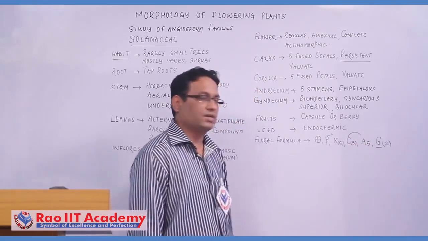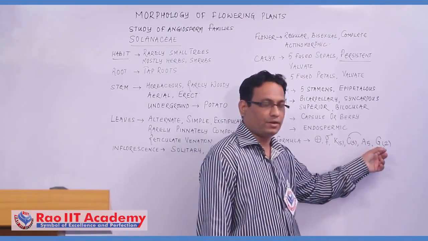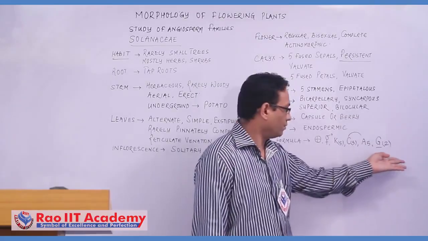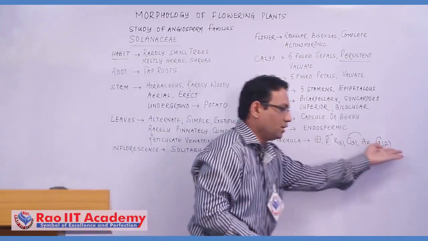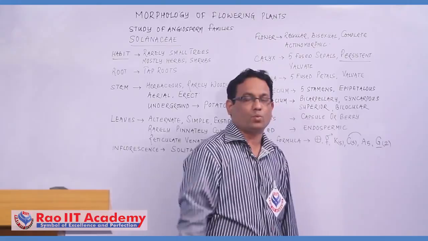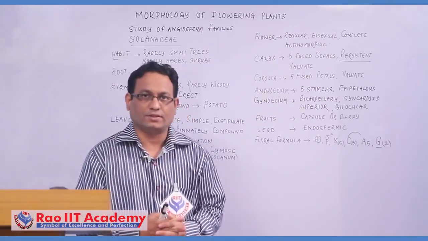Finally, as we discussed the gynoecium, we have a superior ovary here with two fused carpels. Whatever we have written throughout has been summarized in only one line. This gives us an insight into the family Solanaceae.